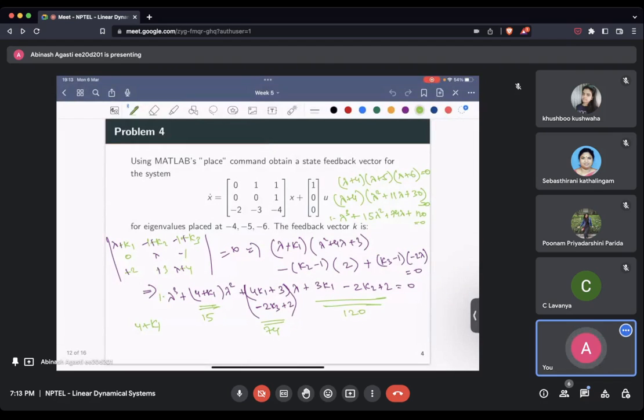Now what we have is a system of linear equations, three equations in three variables. What is the solution of this? Tell me.